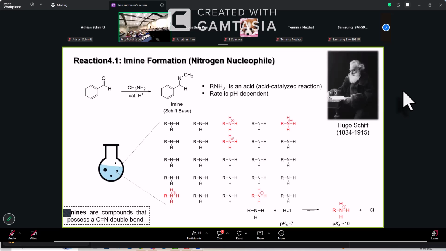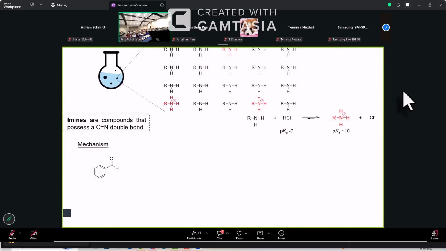What's the pKa of hydronium ion? Negative 1.7, a strong acid. The ammonium ion is only 10. It's not that acidic.